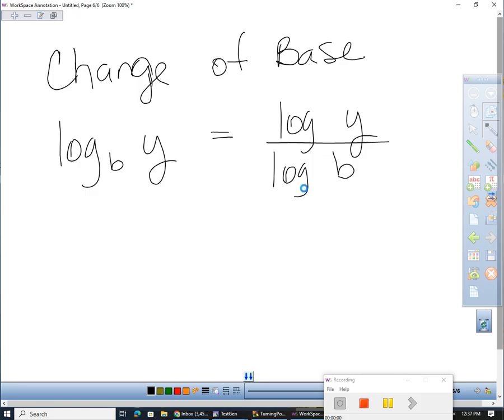The reason we use it is because back in the day, we didn't have cool calculators that we could type the actual problem into and get out the answer. So it's up to you whether you use the change of base formula or you find it in math log base. But here is example number 5. This is 30 through 36.